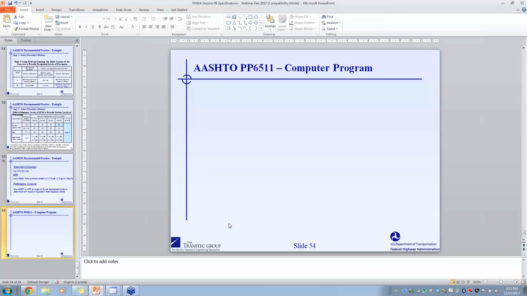That's one of the reasons why we wanted to have a sliding scale of risk. You have to accept the fact that the best way to avoid ASR with a reactive aggregate is to use the highest amount of fly ash that you possibly can. But of course, there are other limitations on that.